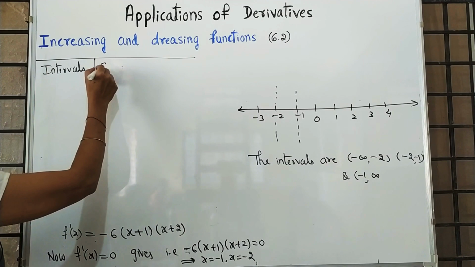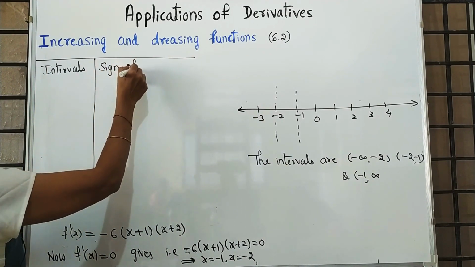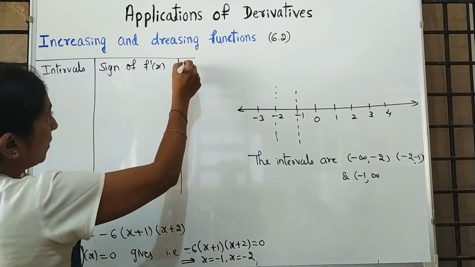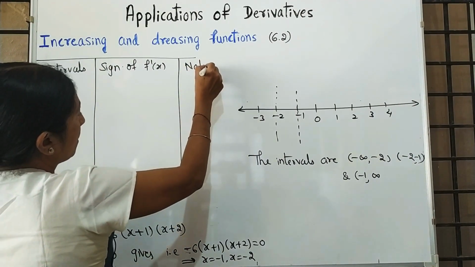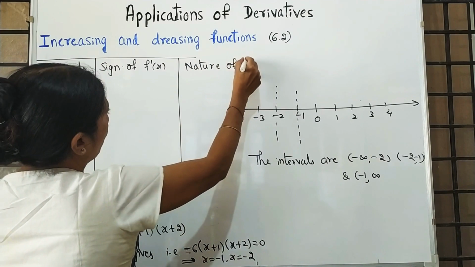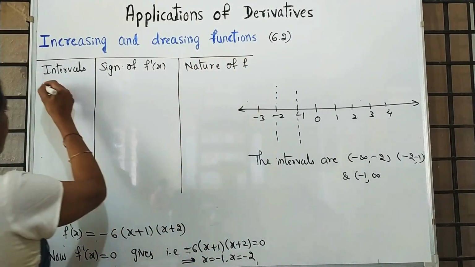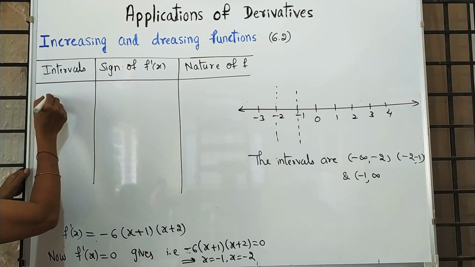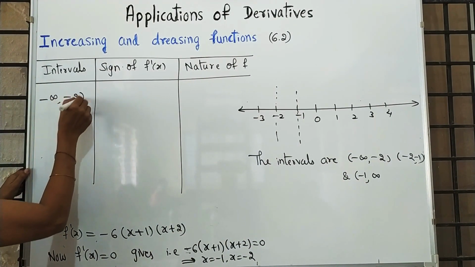In the second one, the sign of f dash of x. Then in the third one, the nature of the given function. Yes, the first interval is what? Minus infinity to minus 2.